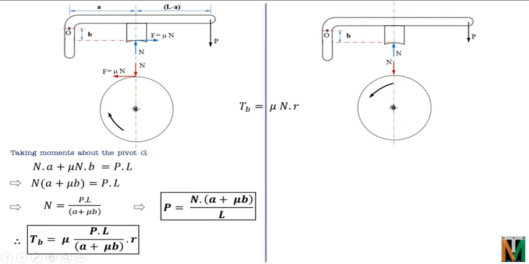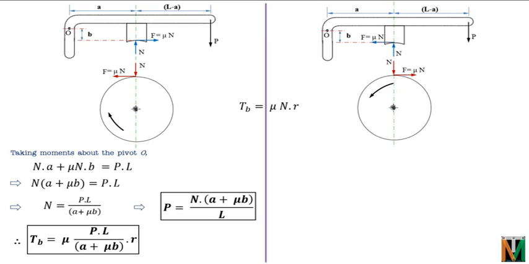So this will be the direction of force of friction on the drum. The force of friction on the block will be in the direction opposite to the force of friction on the drum, right? Both forces of friction will be equal to mu into N as per Coulomb's friction. Now again the distances are A and L minus A.